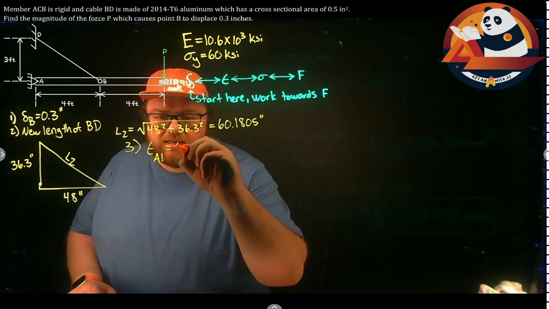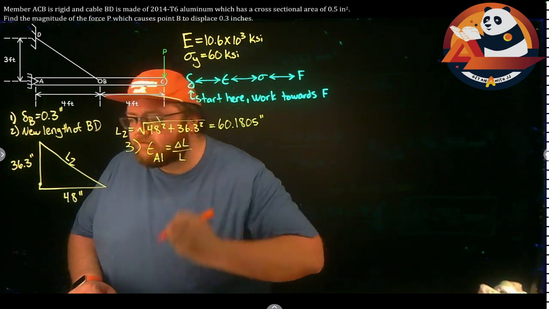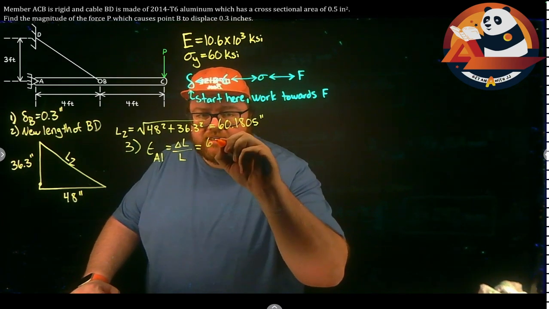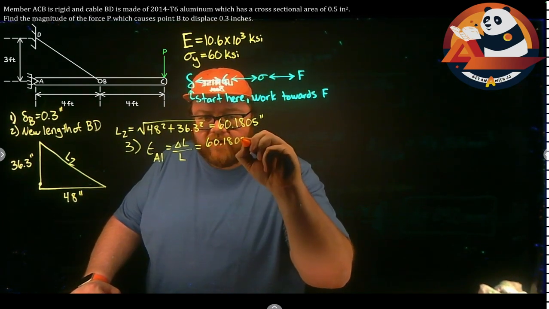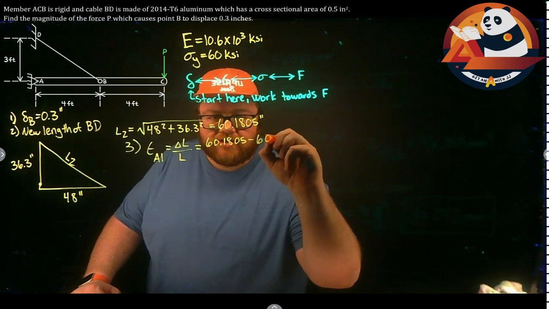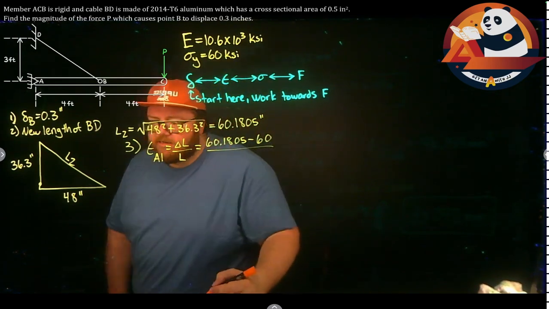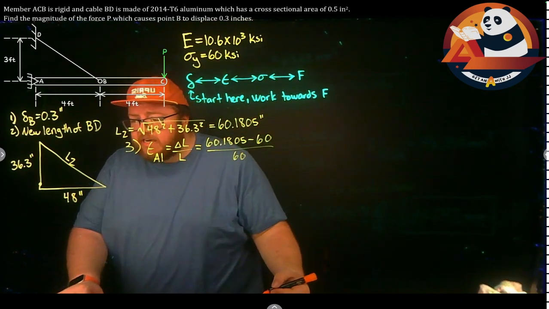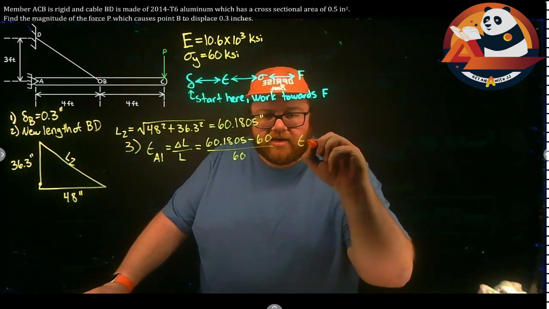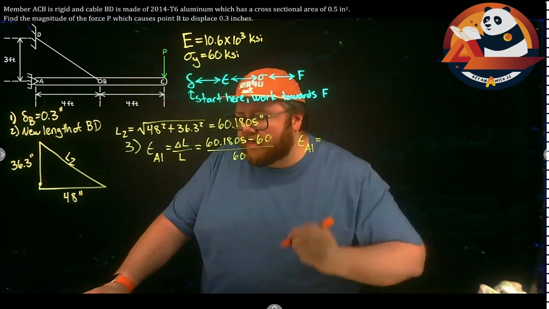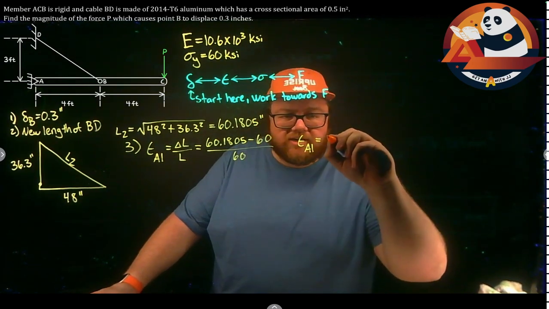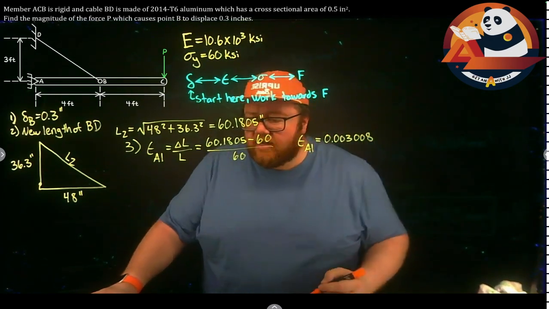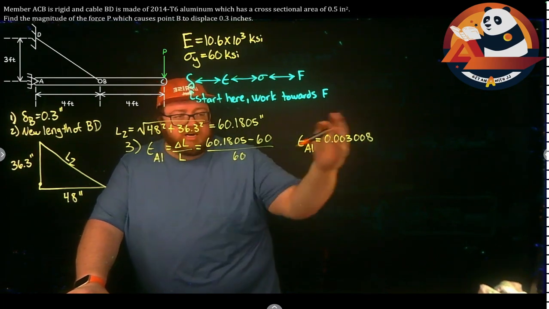It should be delta L over L, or my change in length, well, that's my final length, 60.1805 minus my original 60, divided by my original length of 60. Or this is going to get me that my strain in the aluminum is 0.000300308. And I would tell you, carry a lot of sig figs as we come in and do this.